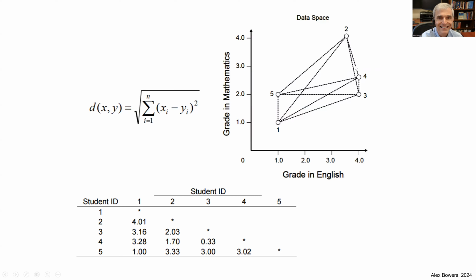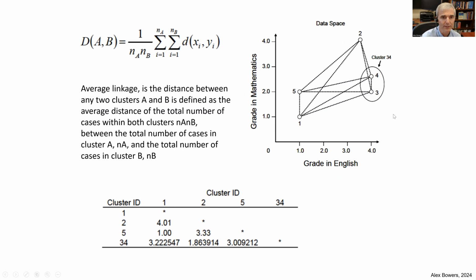They're closest. You can see it right here. So if we go forward a slide, student 3, 4 are the closest. So we're going to take the average between them, student 3, 4, and then update the distance matrix. So we're going to now have the distances between cluster 3, 4 and everyone else.